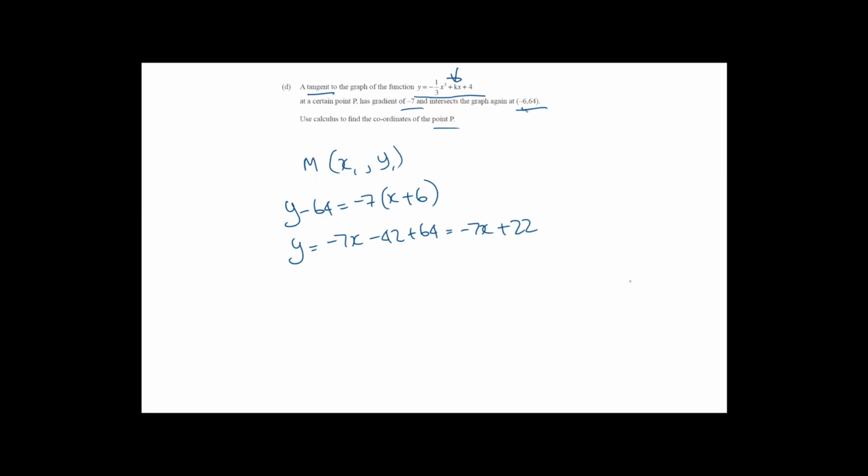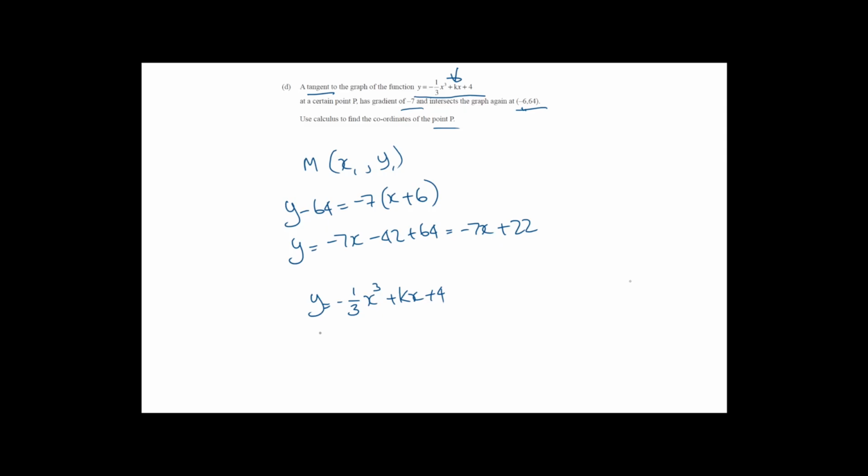So why do we need calculus? Okay. So let's take this one up here, and we know that it goes through the point negative 6, 64. So y equals negative 1 over 3 x cubed plus kx plus 4. And we don't need calculus.